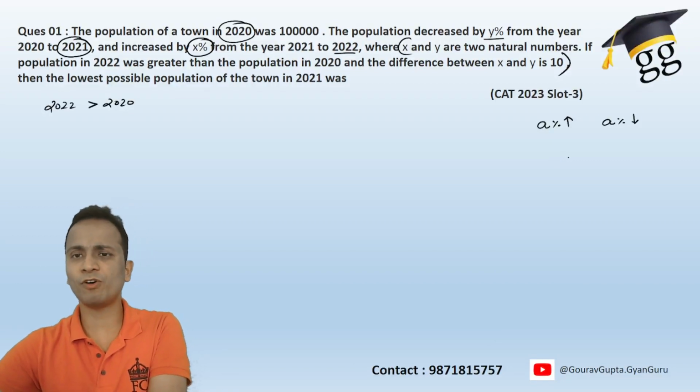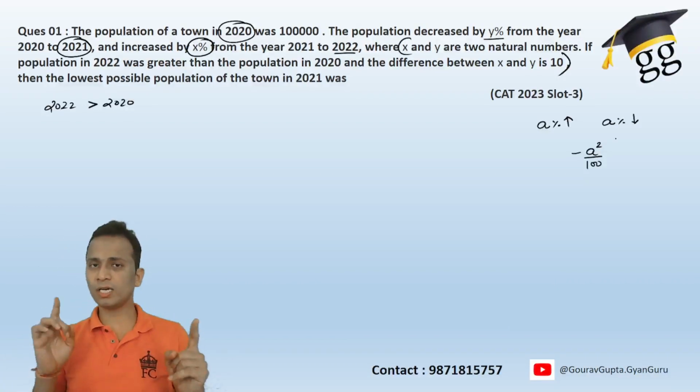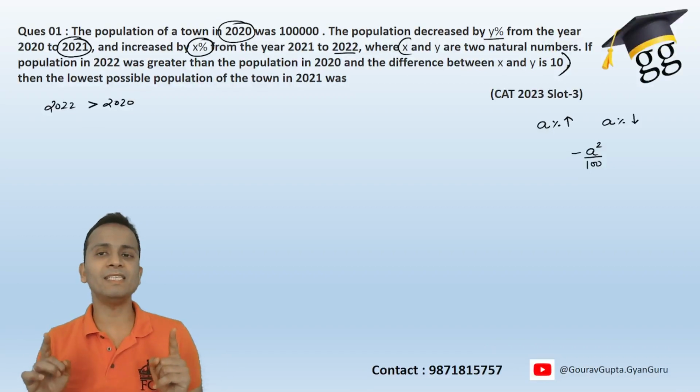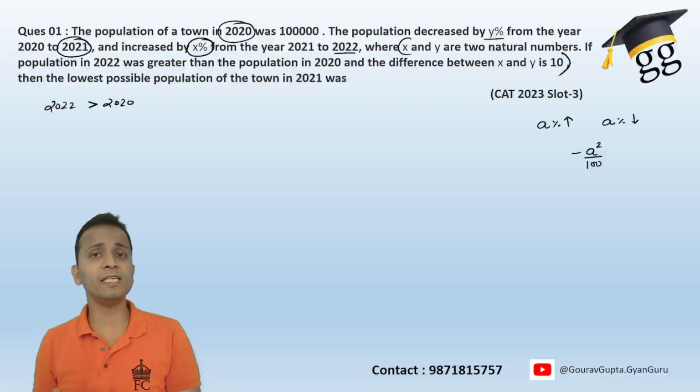If I apply that formula, you will get a net percentage decrease of a square upon 100 percent. So if there is an equal percentage increase and decrease, then there will be a net percentage decrease.